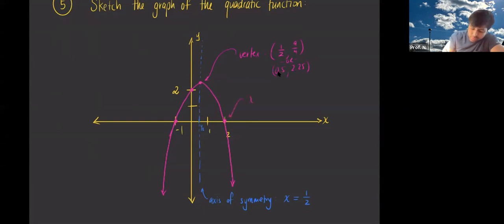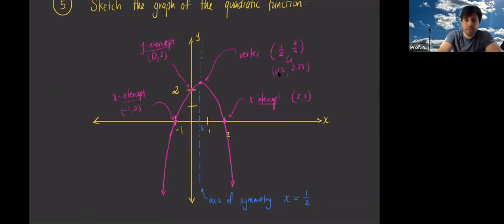So this is the x-intercept, 2, 0. This is another x-intercept, -1, 0. This is the y-intercept. So basically, I'm summarizing everything in one single graph.